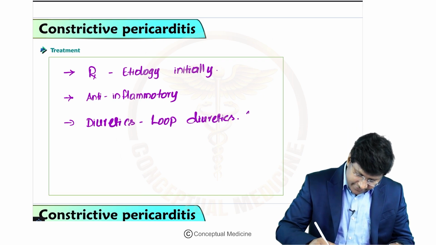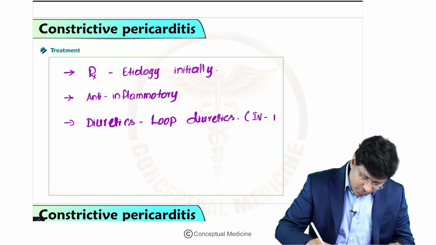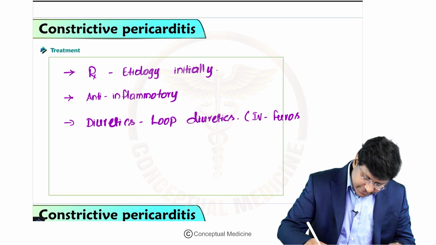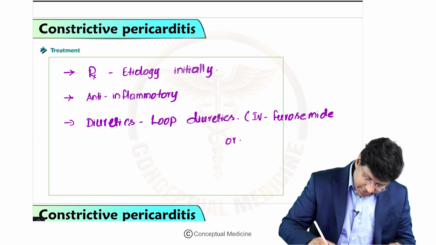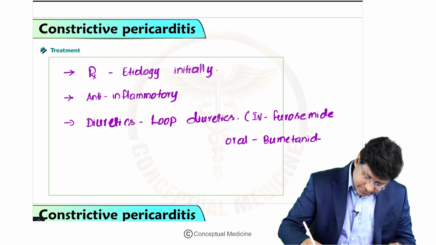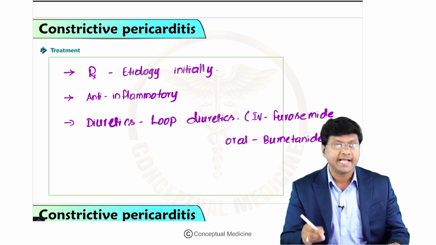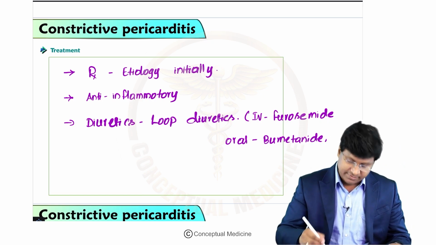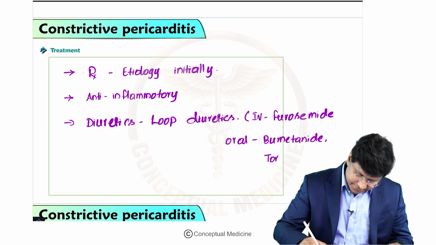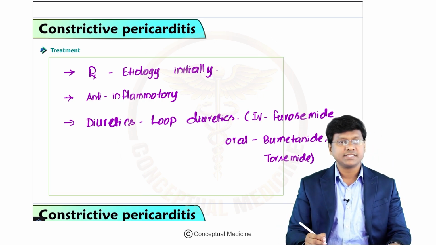For intravenous formulations, we give furosemide, but the oral formulations include bumetanide as well as torsemide.